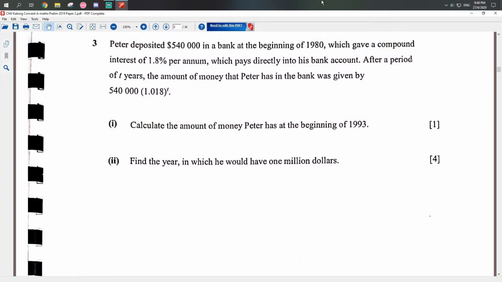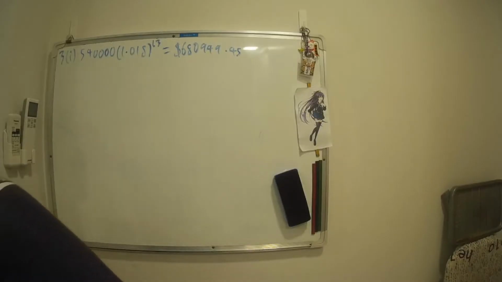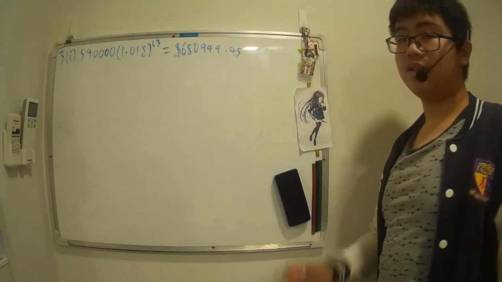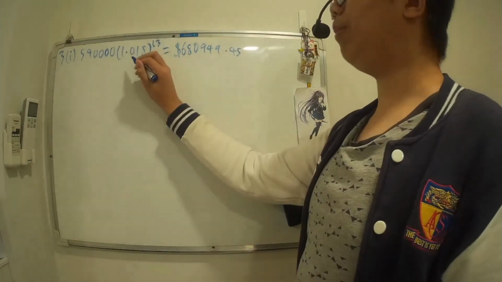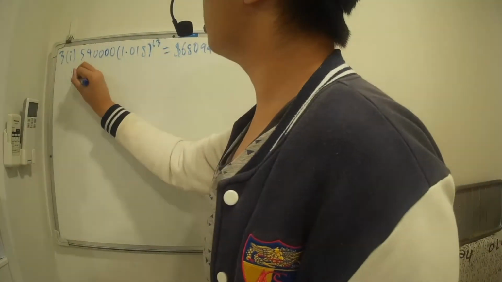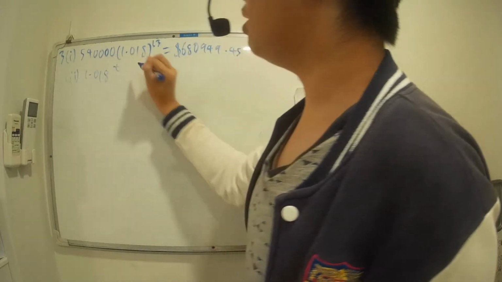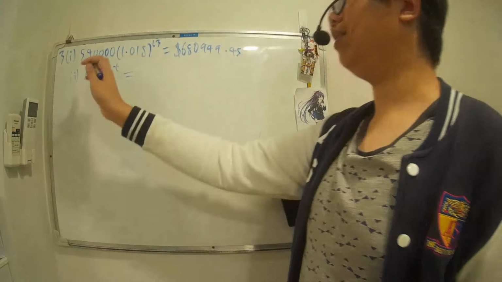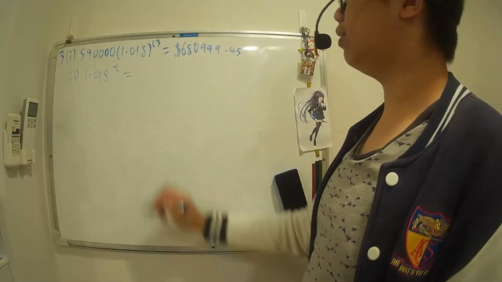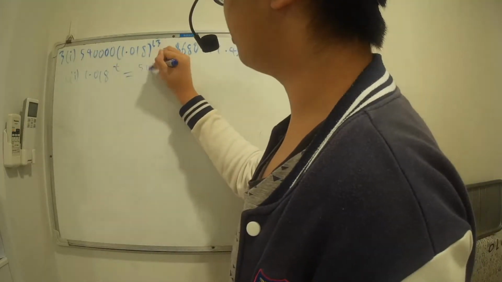Part 2. Find the year in which he would have $1 million. Actually they give 4 marks, but this is much easier than it looks. We must find 1.018 to the power of t such that it's equal to 1,000,000 divided by this, which is 50 over 27.